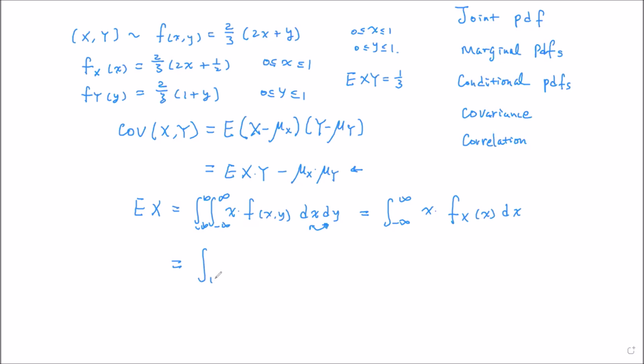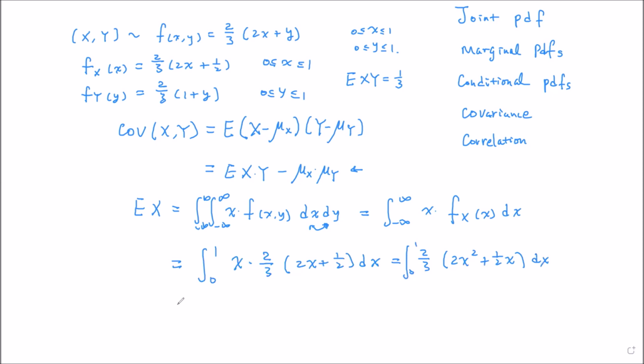So we're going to change the lower and upper limits. You have x times the marginal here: 2/3 times (2x plus 1/2) dx. So you have 2/3 times the integral of 2x squared plus half of x, dx.